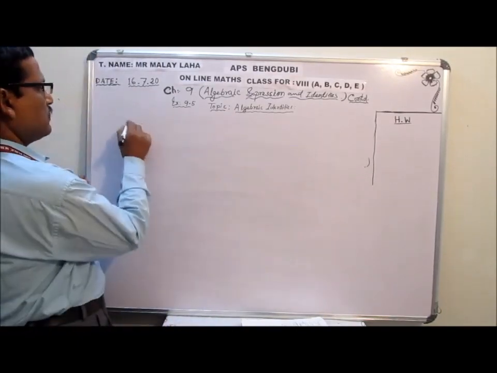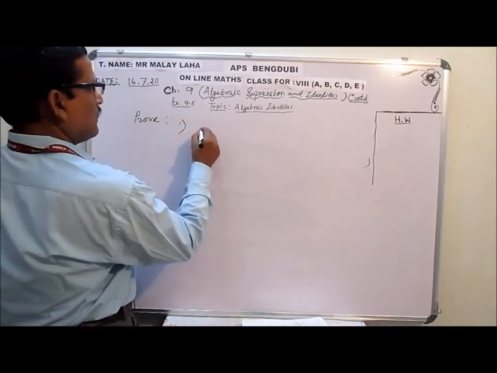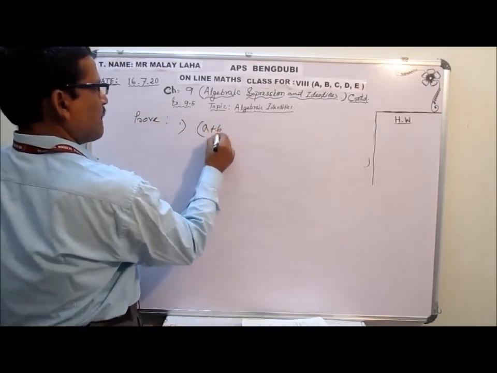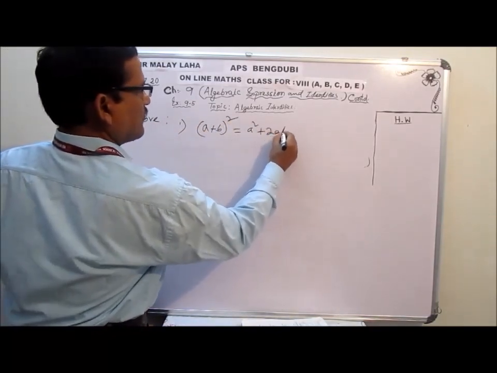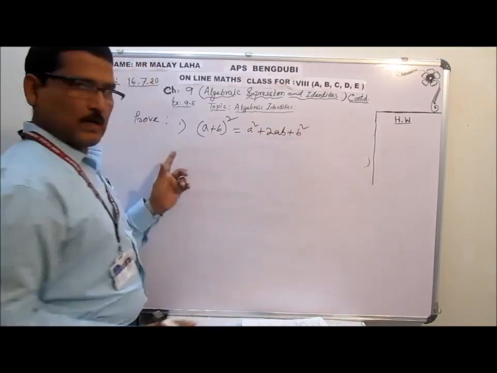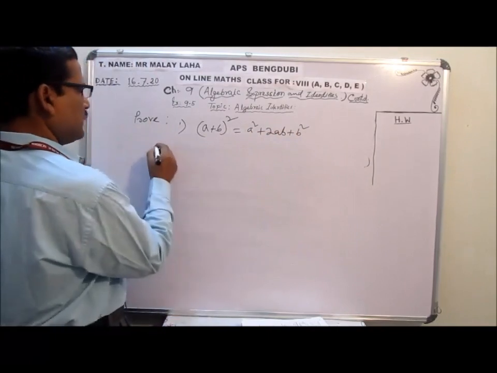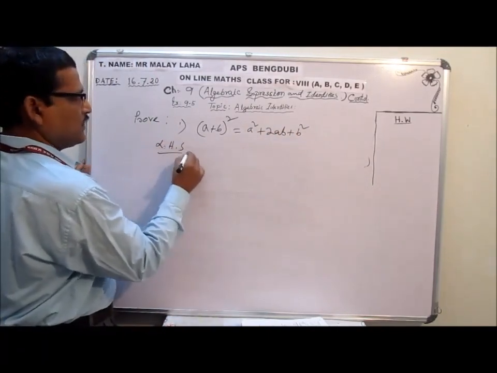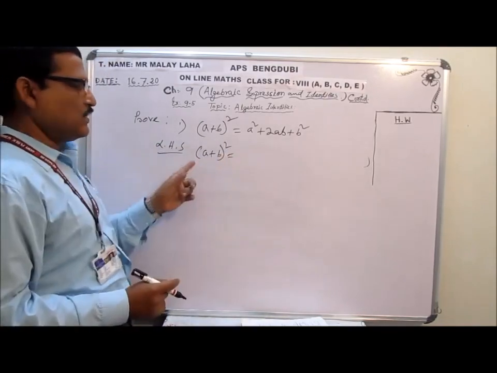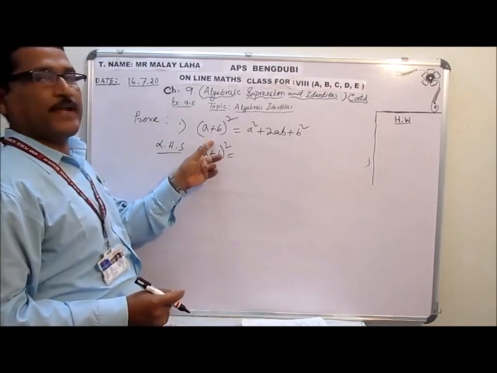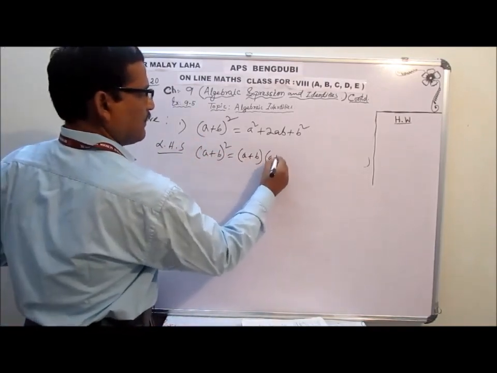So you see, prove. Number 1, a plus b whole square equals a square plus 2ab plus b square. I have shown you. Now we have to prove it. Taking LHS, a plus b whole square. What is the meaning of whole square? Whole square means the base you have to write 2 times: a plus b, a plus b.